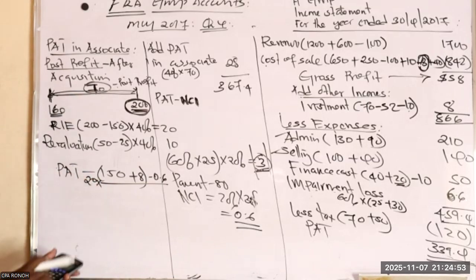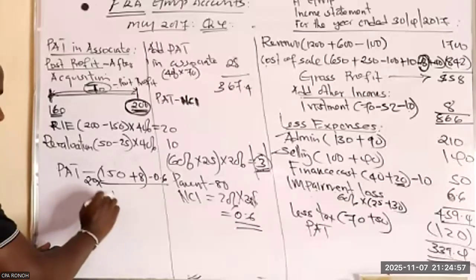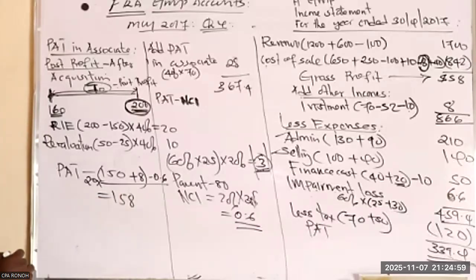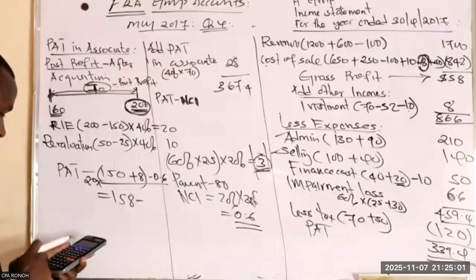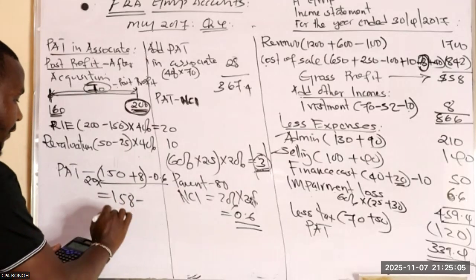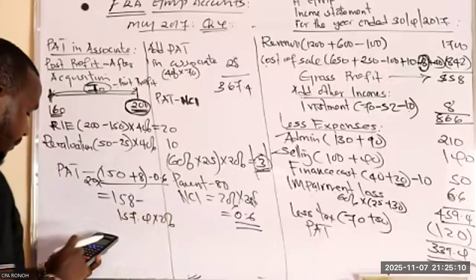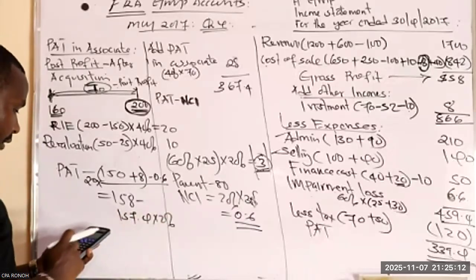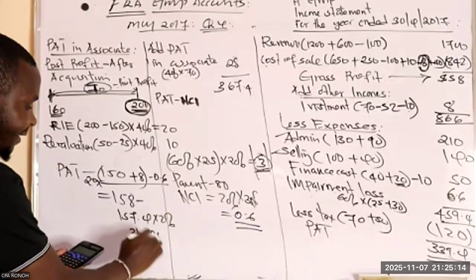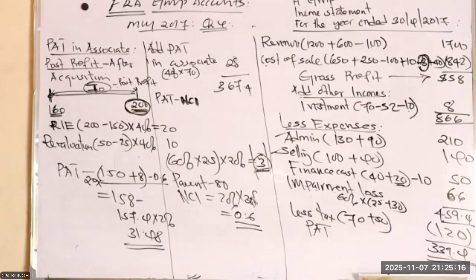So whatever you get here, multiply by the control which we are controlling, which is 20%. So what will it come to? 150 plus 8, we get 158, minus 0.6, to give us 157.4. Multiply by 20%, it gives us 31.48, or you can round off.